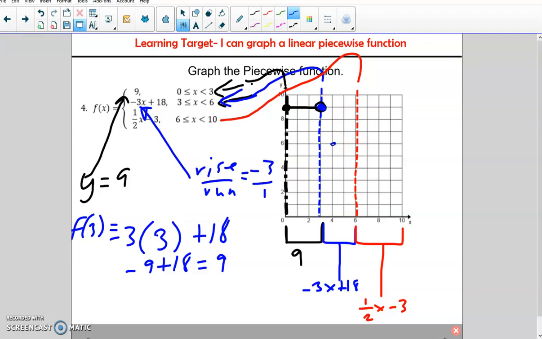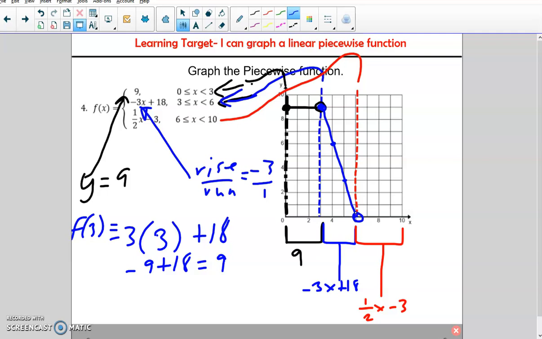If it's negative, you're falling. If it's positive, you're rising. So I'm falling 3, running over 1, falling 3, running over 1, and there you go. And notice now at x equals 6, I can't use this blue part of the function, so I'm going to put an open circle there. And then the rest of it is my line.